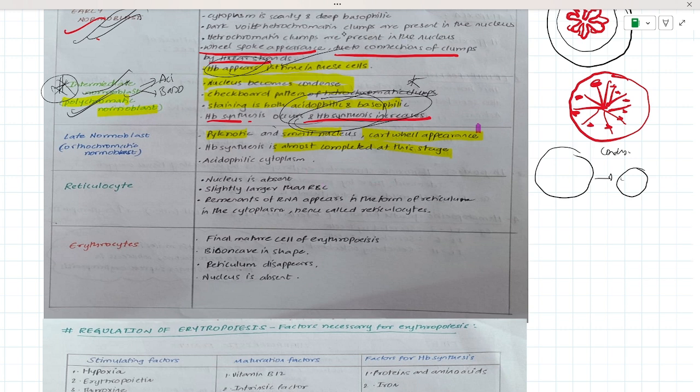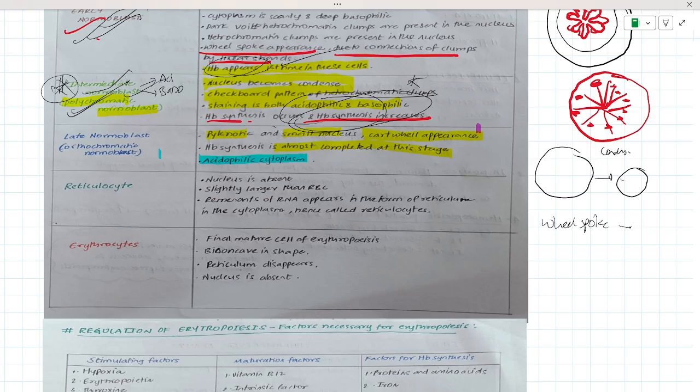So what can we gain from here? The first acidophilic cytoplasm appears in the late normoblast. Now, which type of appearance is in which stage? Come on, comment.